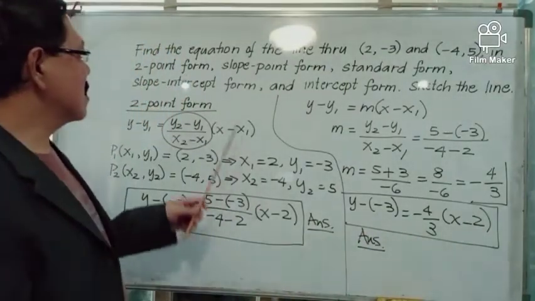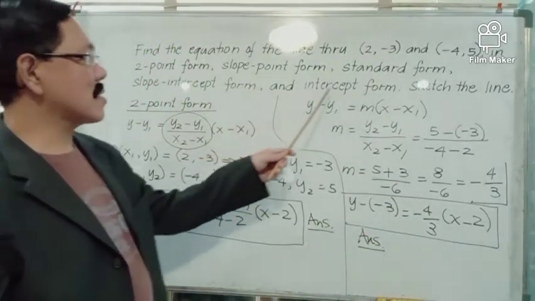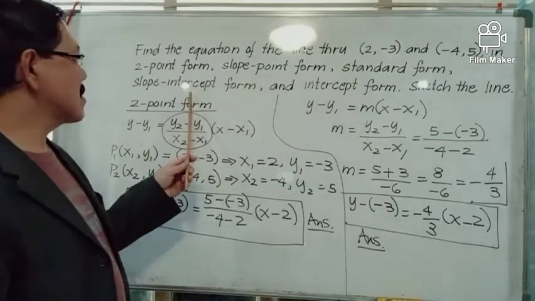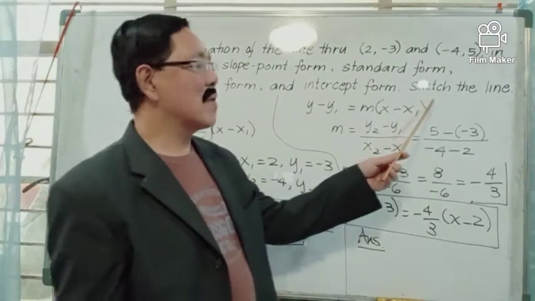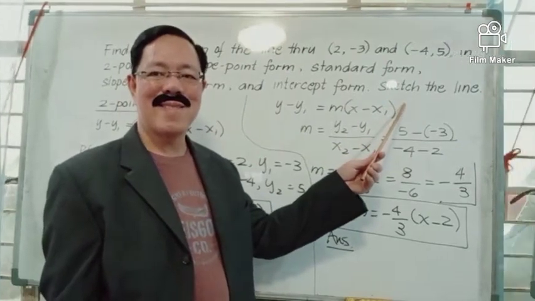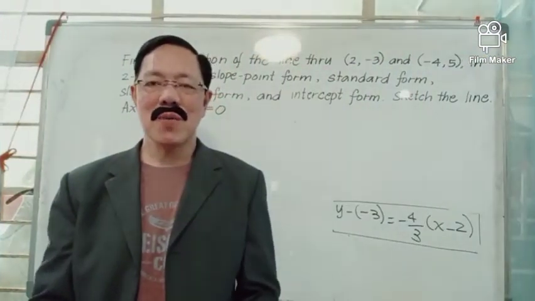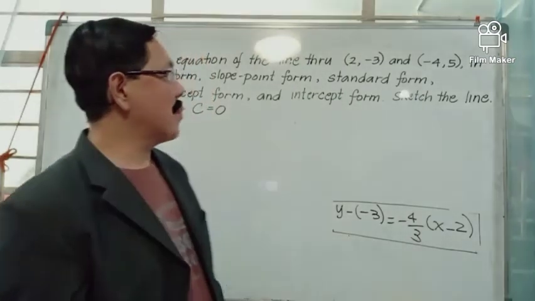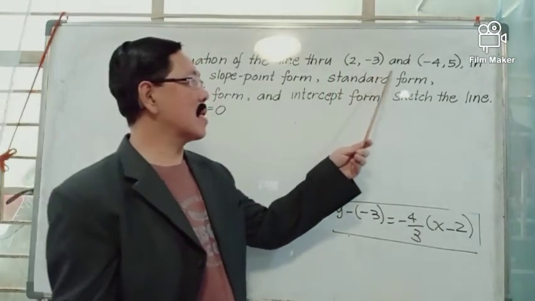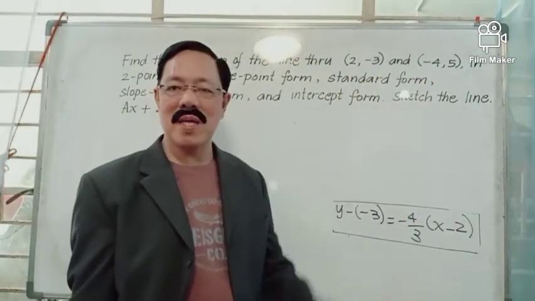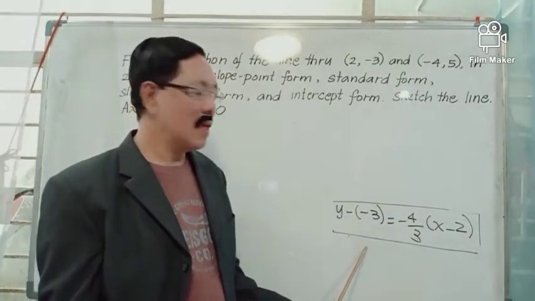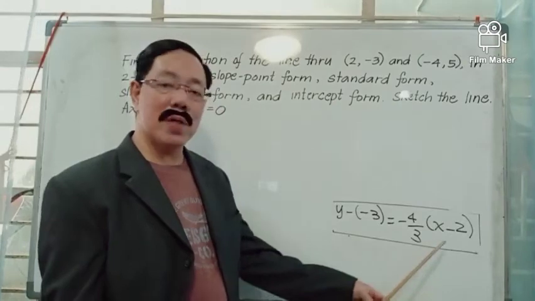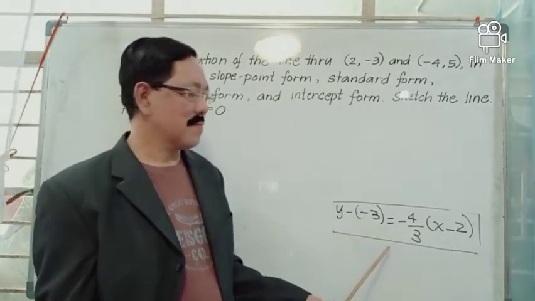Next, we will write the equation of the line in standard form, slope-intercept form, and intercept form, and we will sketch the line. To write the equation of the line through the points (2, -3) and (-4, 5) in standard form, we simply continue from the slope-point form.